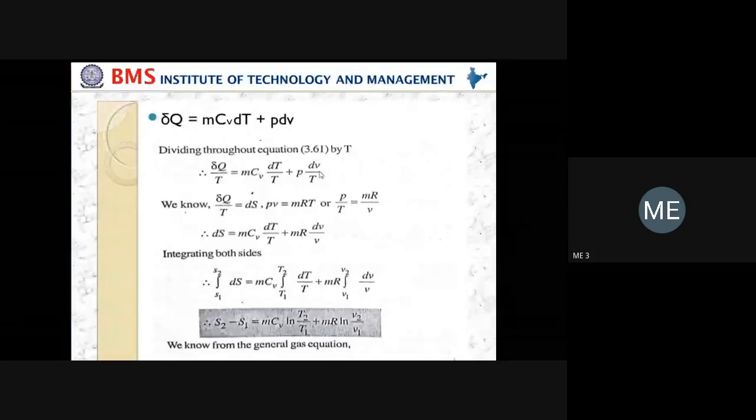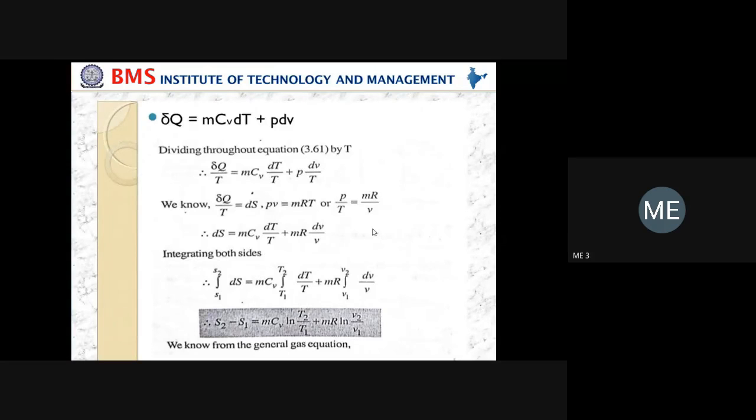So we are writing this equation as dS equals m Cv into dT by T plus mR into dV by V. Next step, you are going to integrate both sides.